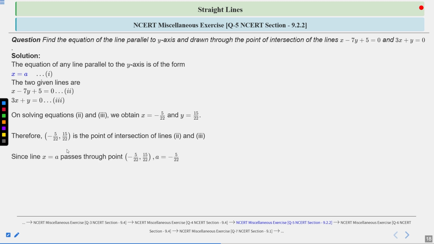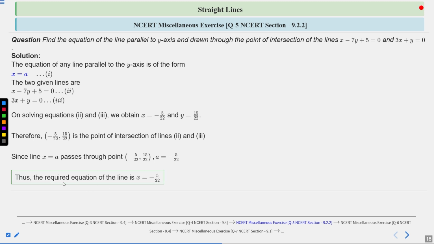And since line x equal to a passes through the point minus 5 over 22 comma 15 over 22, we obtain the value of a is minus 5 by 22. So thus the required equation of the line is x equal to minus 5 by 22.